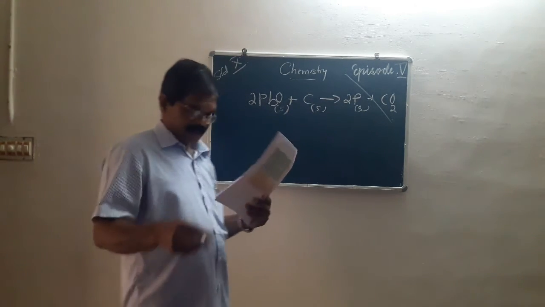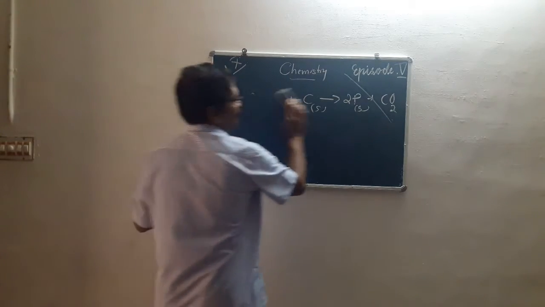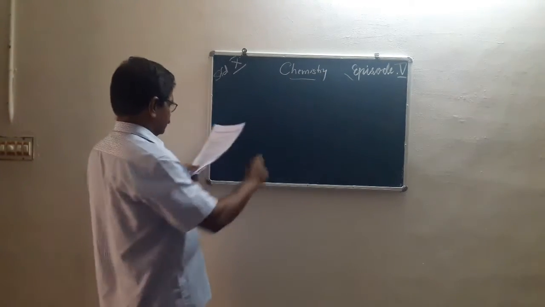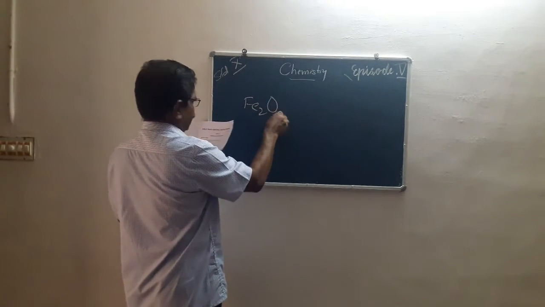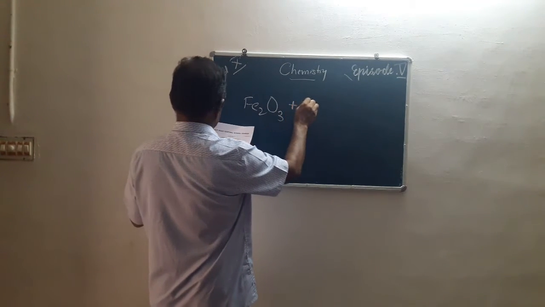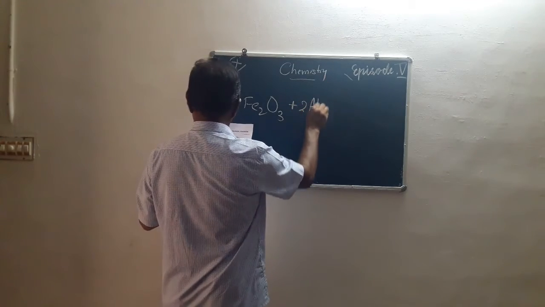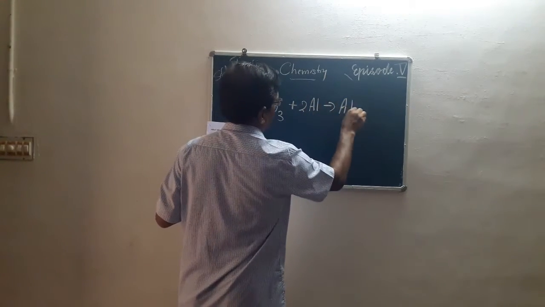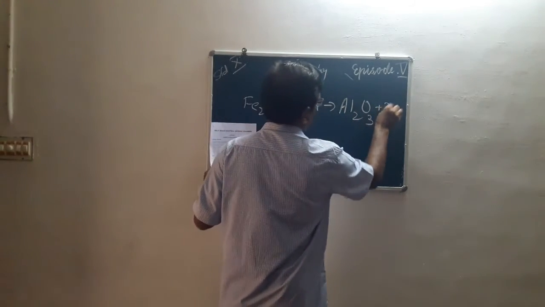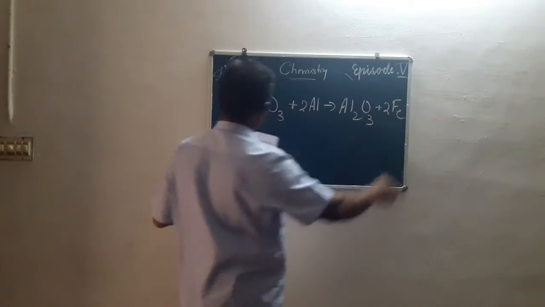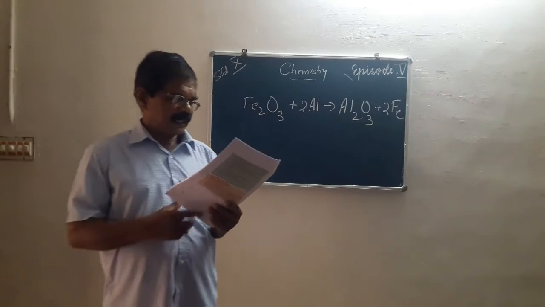And the second question is Fe2O3 plus 2Al gives Al2O3 plus 2Fe. Again reduction.